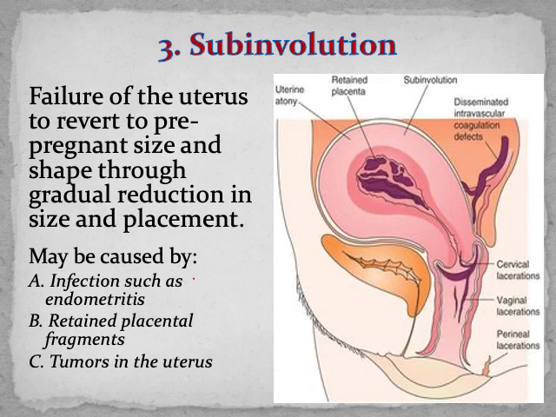Now, remember how to check if there is normal involution? So, paano i-check yon? Una, dapat yung fundus ng uterus bumababa 1 finger breadth every day or 1 cm every day postpartum. On the day of postpartum, maaaring nandoon siya sa level ng umbilicus or above. Pero 1 day postpartum, baba siya ng baba. 1 cm or 1 finger breadth.